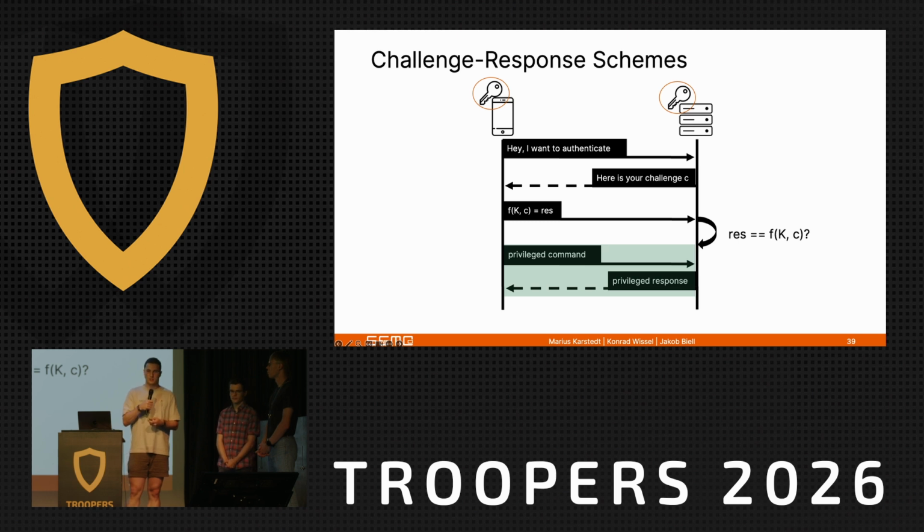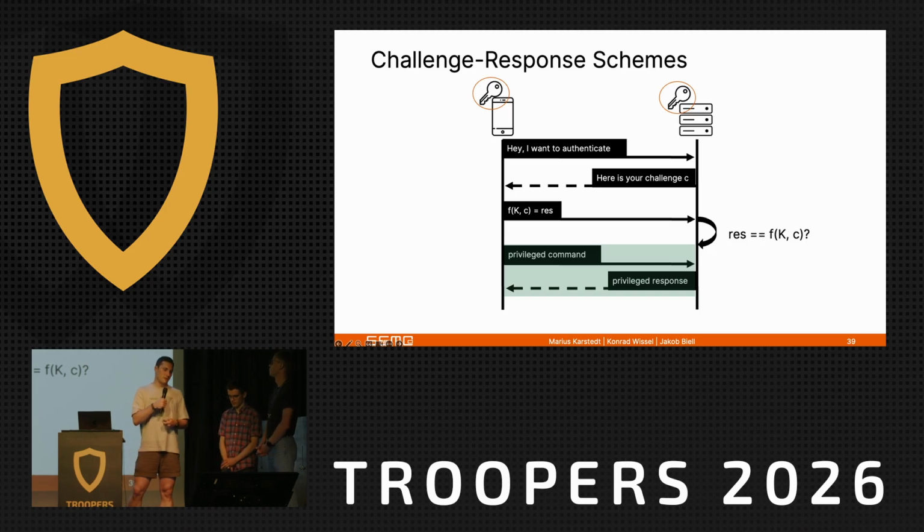So the question was, where does this beautiful key come from? Normally you would need some kind of key exchange or some other protocol scheme for that, because it's pretty hard for IoT devices to do that kind of key exchange.